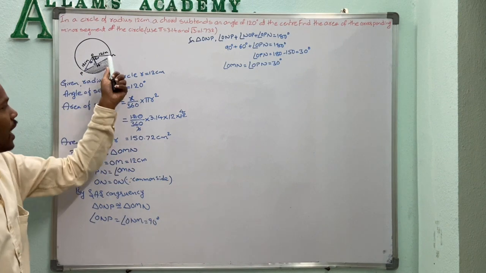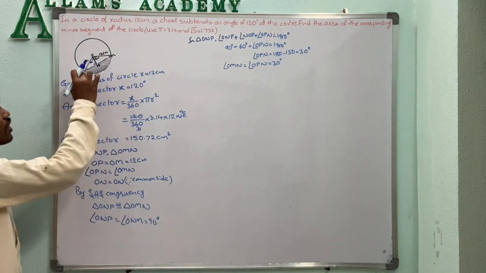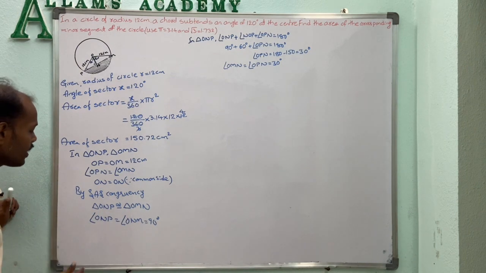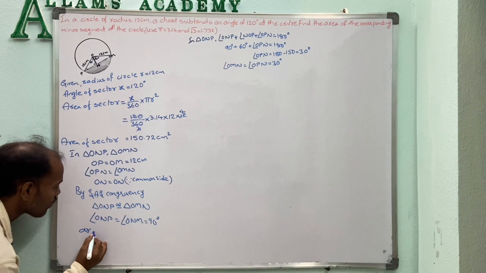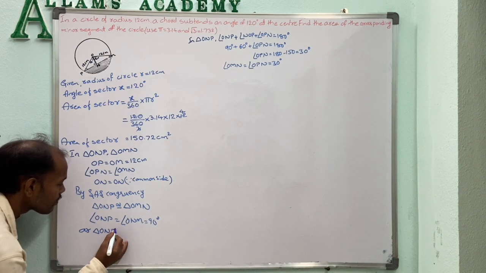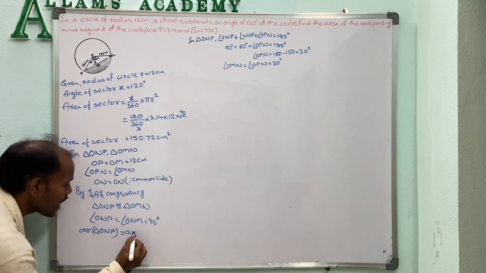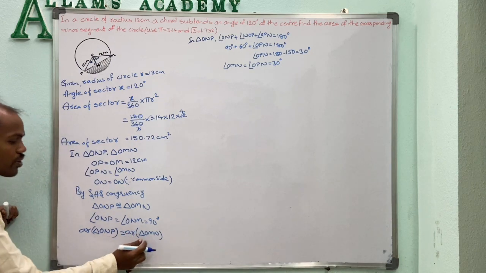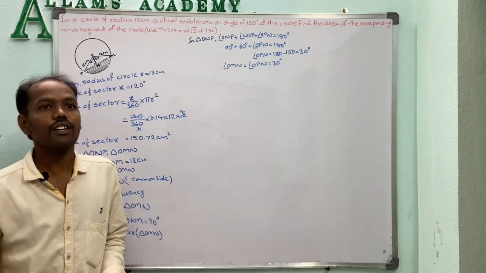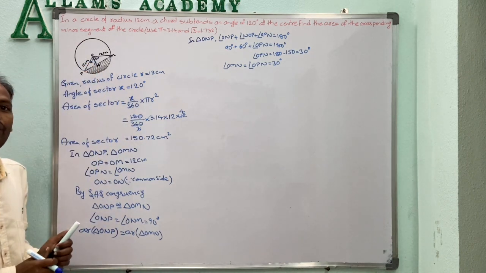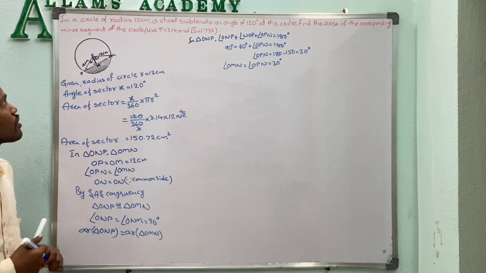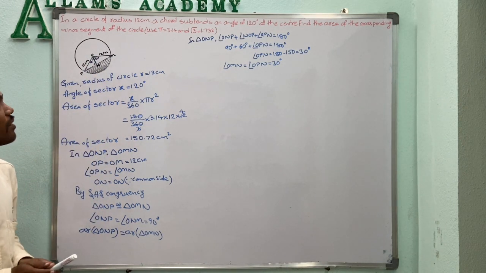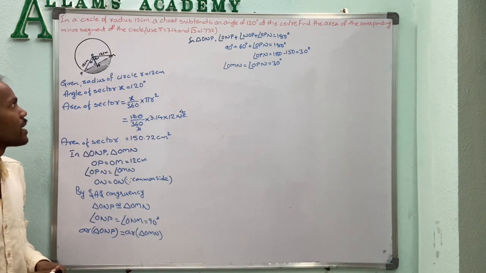So here the two angles are equal, and the two triangles are congruent, so their areas are also equal. The area of triangle ONP is equal to the area of triangle OMN, and these two triangles are right triangles. The right triangle area we know, that is half base into height. If we find the area of one triangle, we know the other's area, so we just double it.